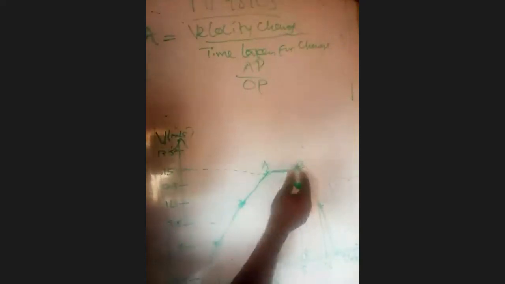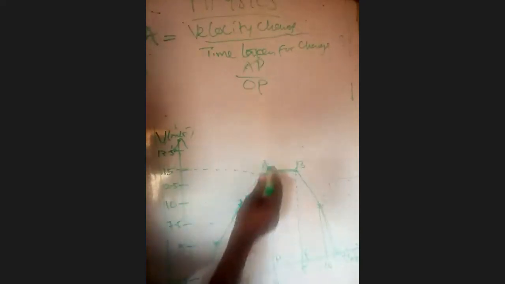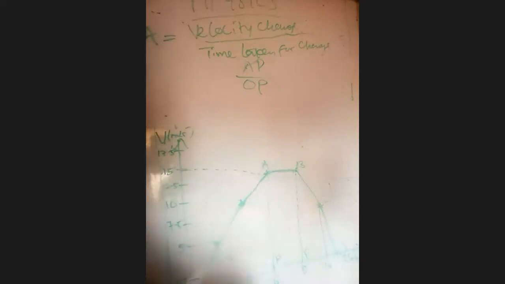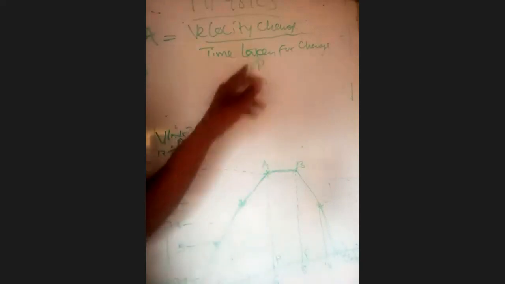That is AP all over OP, where OP is the time taken for change before it changes again.